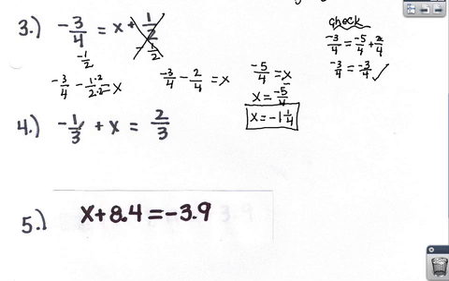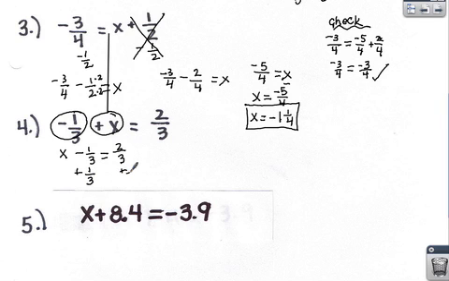If it helps, you can rearrange these terms so that you have positive x minus 1/3. And now, maybe you can more clearly see that you need to add 1/3 to both sides. Negative 1/3 plus 1/3 cancels out, so we're left with x equals 2/3 plus 1/3, which is 3/3, or 1.